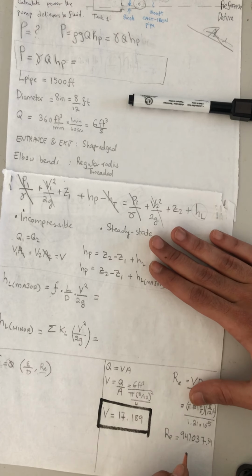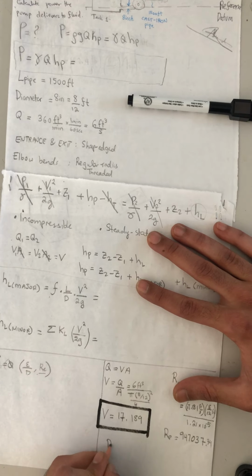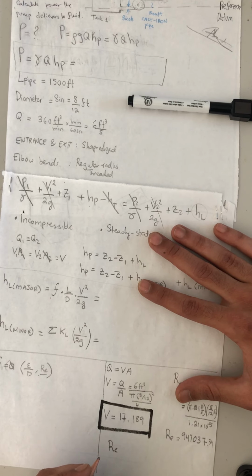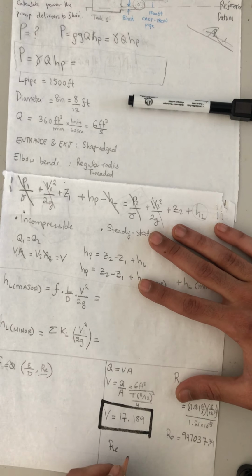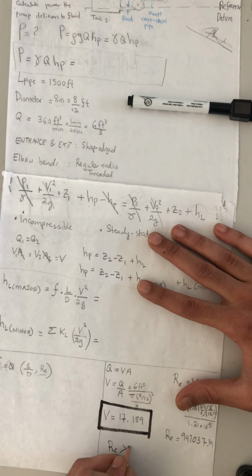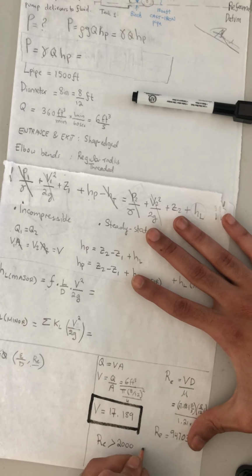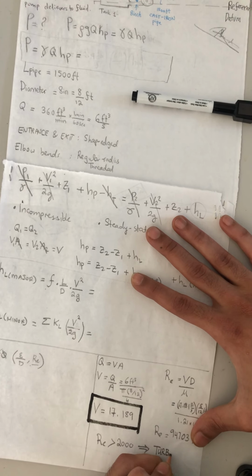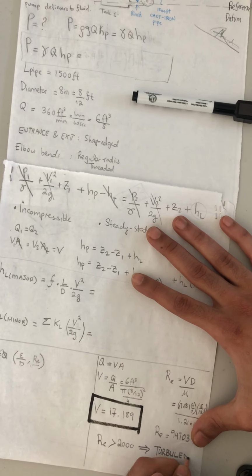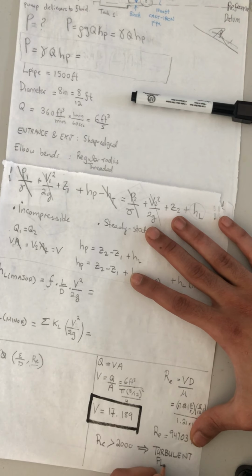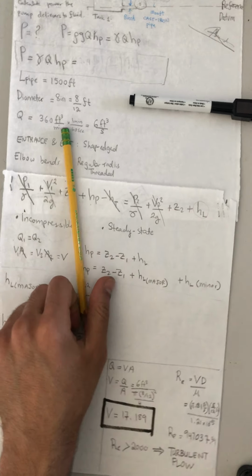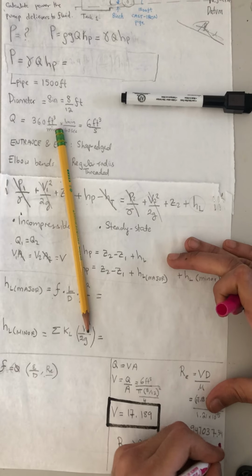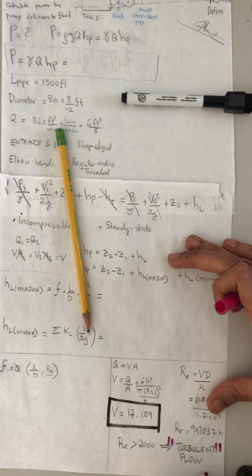Our Reynolds number is too large for our flow to be laminar. Our Reynolds number is greater than 2000. That means we have a turbulent flow. We're dealing with a turbulent flow.